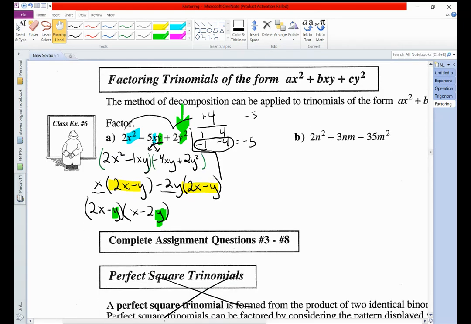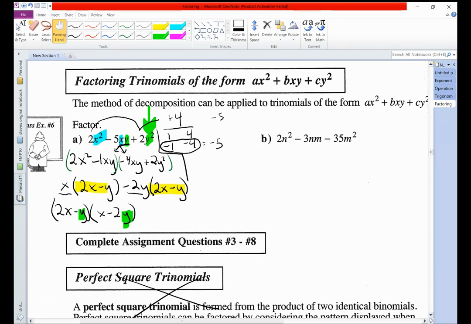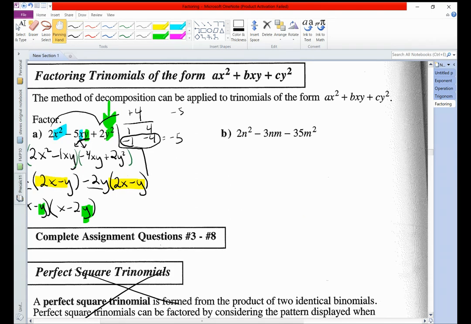We can do one more example. I think we've got time. So you can see here, we can't factor that 2 out, so I'm going to go 2 multiplied by negative 35, which means it's negative 70. And I'm trying to find two numbers that multiply to negative 70 and add to negative 3.